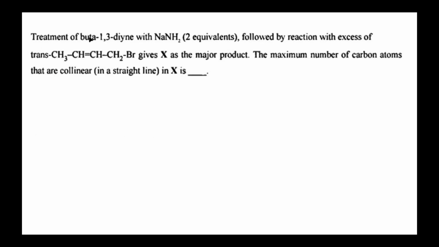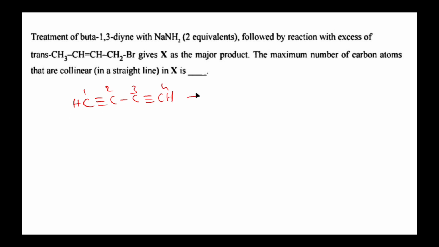The next question. Treatment of buta-1,3-diyne with two equivalents of sodamide, followed by reaction with excess trans 1-bromo-2-butene, gives X as the major product. The maximum number of carbon atoms that are collinear, that is in a straight line, in X. First of all, buta-1,3-diyne is CH triple bond C, C triple bond CH, carbons 1, 2, 3, 4.